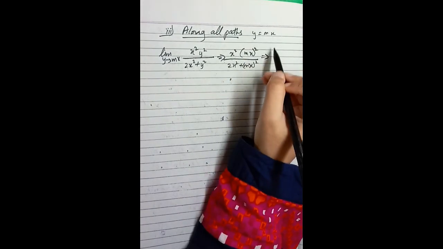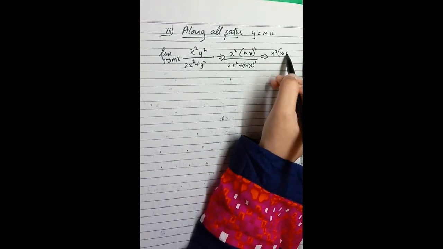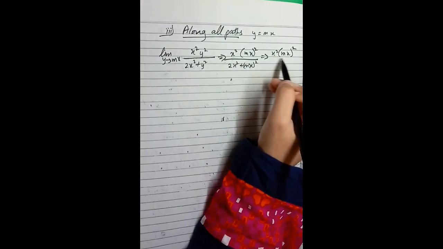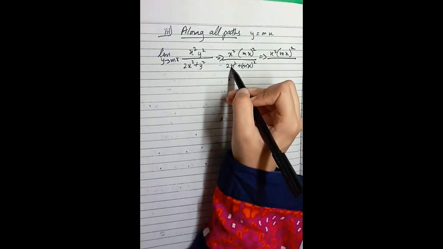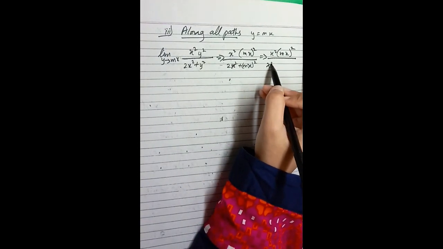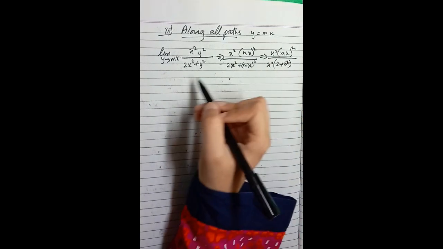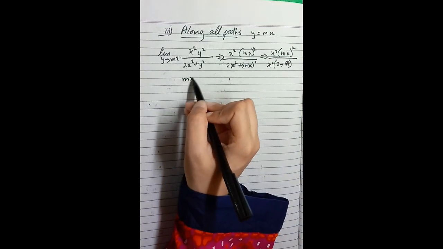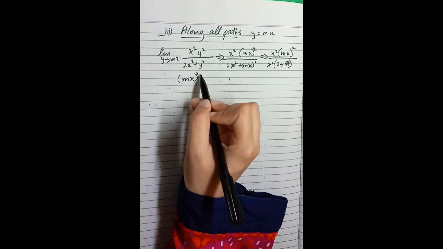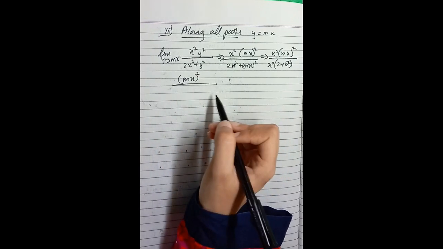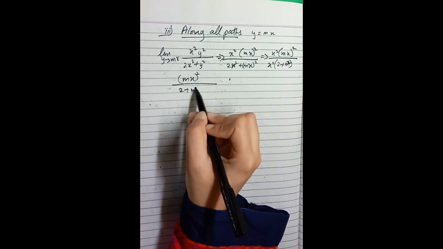So we take the common x square from the numerator and the denominator. So it will be x square into (2 plus m square). So we will be left with (mx) whole square divided by 2 plus m square.